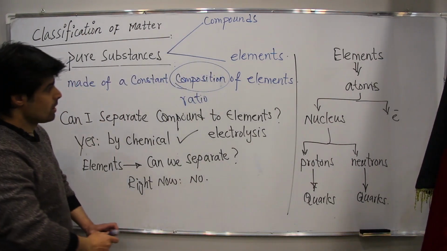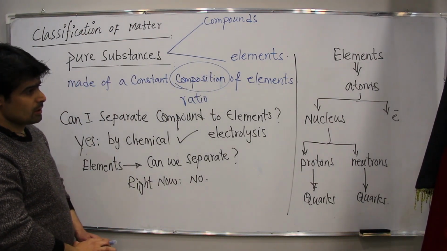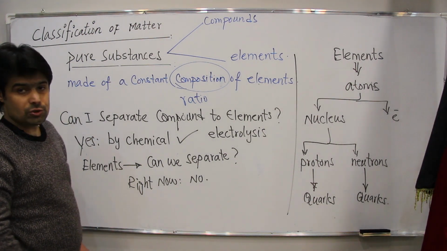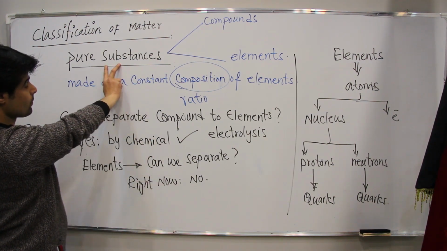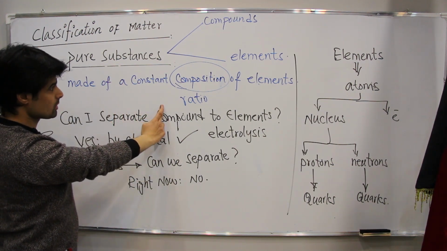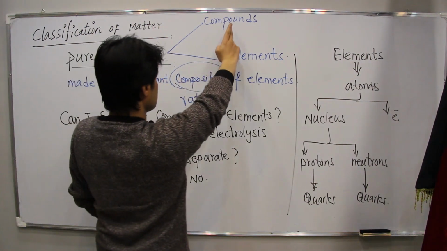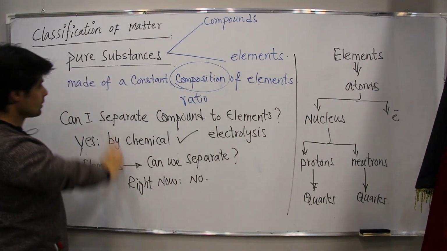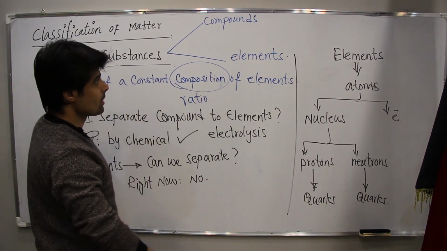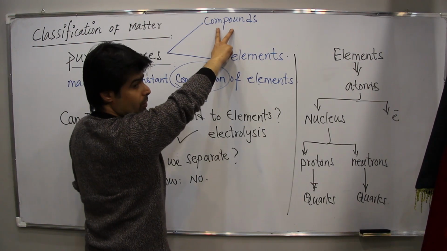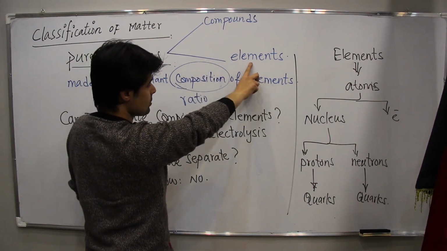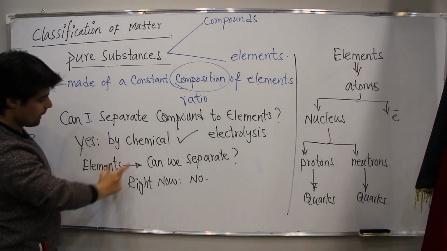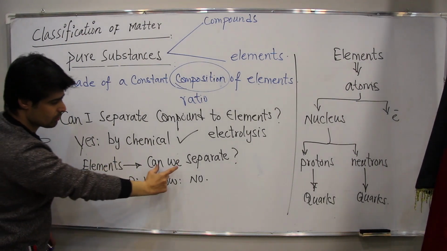It means if we classify matter according to the chemistry view, it's divided into two parts, mixture and pure substance. Mixture is homogeneous or heterogeneous, and pure substance is divided into compounds and elements. Compounds are made of a constant ratio of the elements. It means we can divide a compound into elements not by a physical method but by a chemical method, and the elements right now cannot be separated.